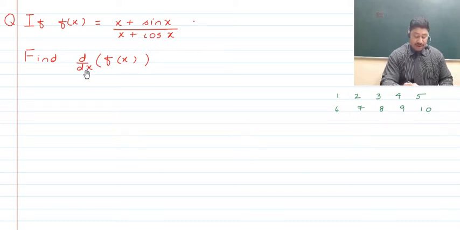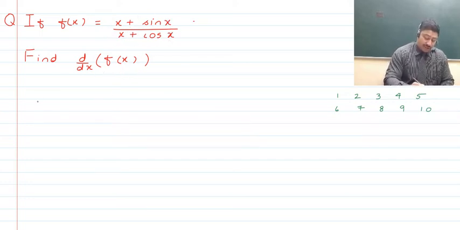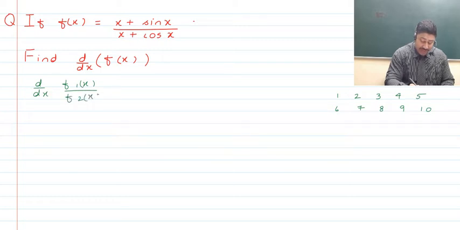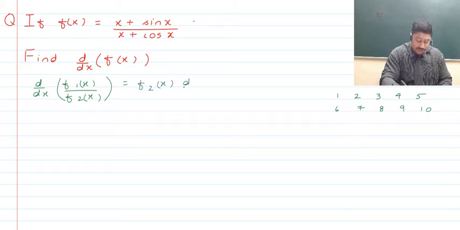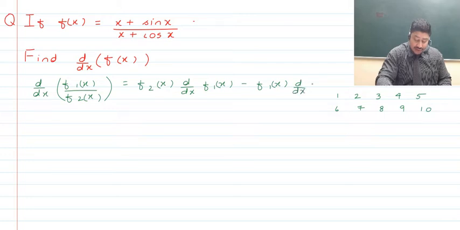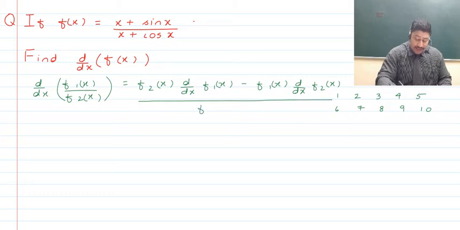Now if we talk about d upon dx of this given function f(x), then obviously we are to employ the quotient rule, which gives us that d upon dx of f1(x) divided by f2(x) is f2(x) times d upon dx of f1(x), and from that is subtracted f1(x) times d upon dx of f2(x), and this is whole divided by the square of the function in the denominator.